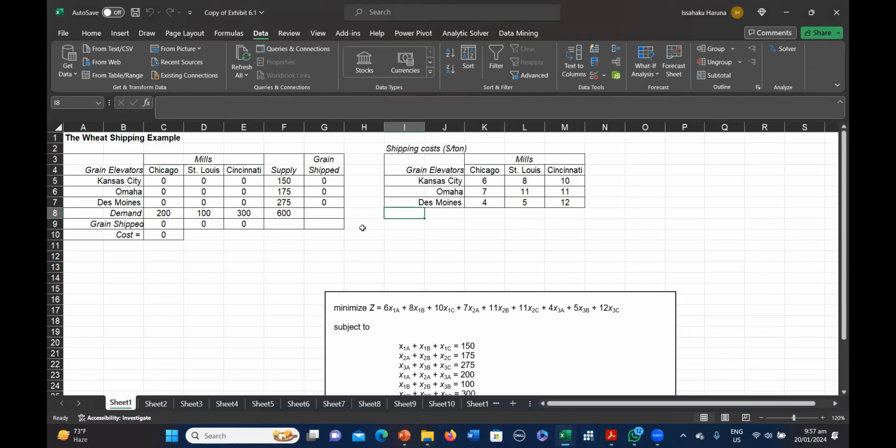And that's why you have the supply columns here. So it means that X1A, X1B and X1C should sum up to what? 150 from the constraint.